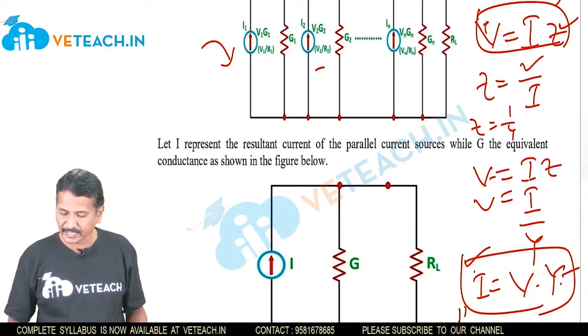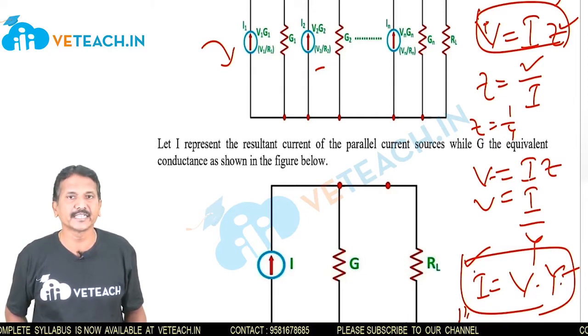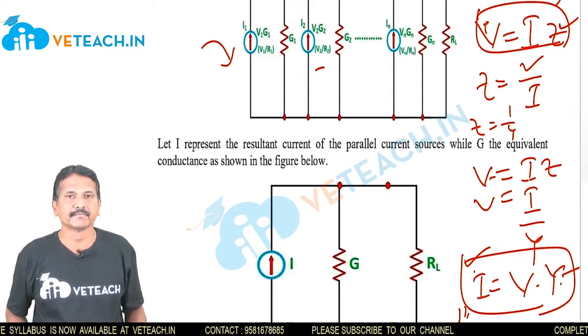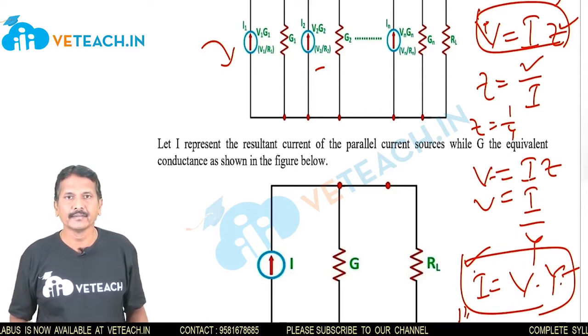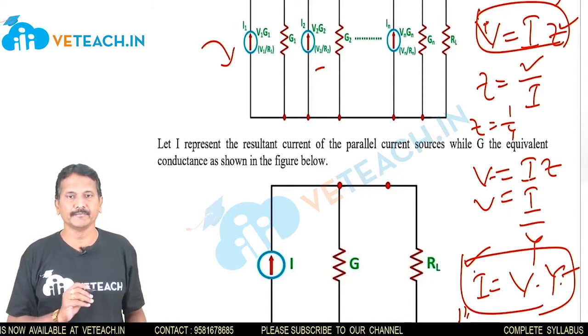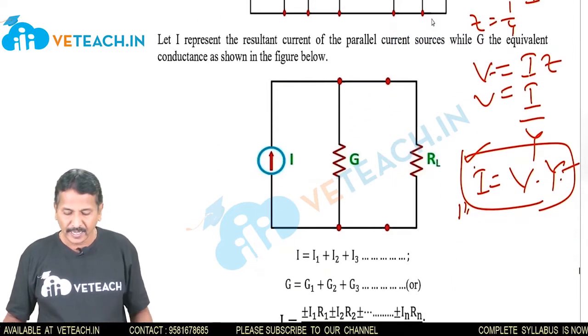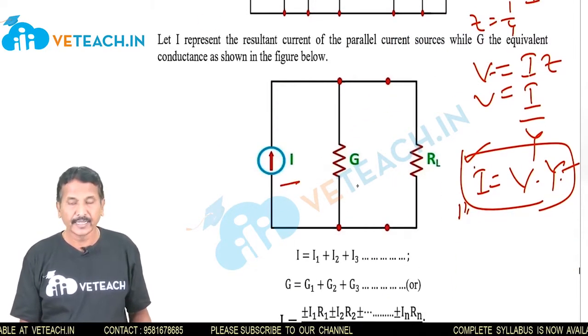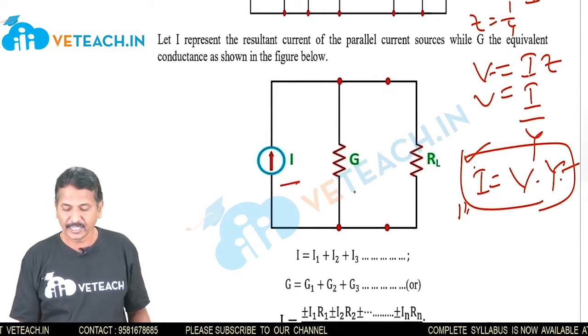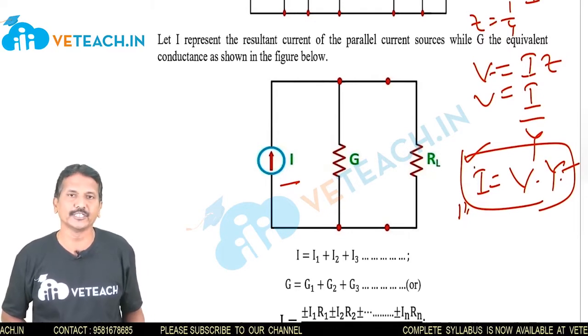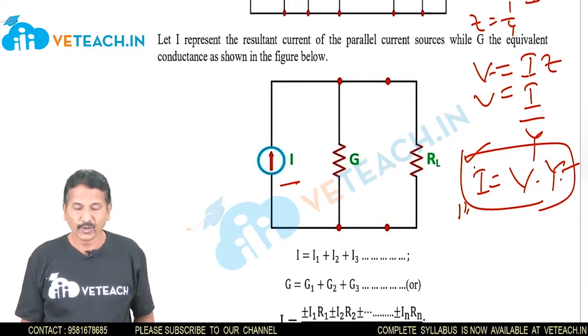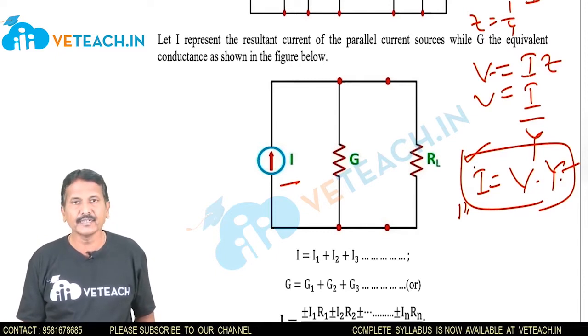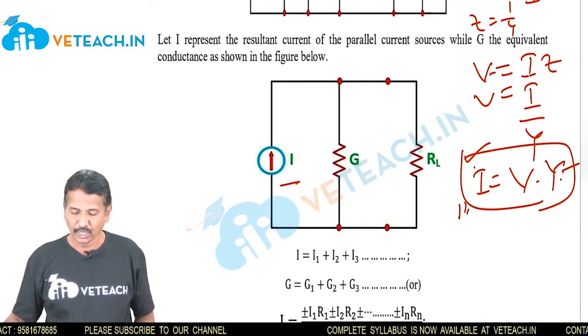Current goes with parallel connection and voltage goes with series connection. So here the equivalent circuit diagram is a current source in parallel with the resistance across the load resistance.